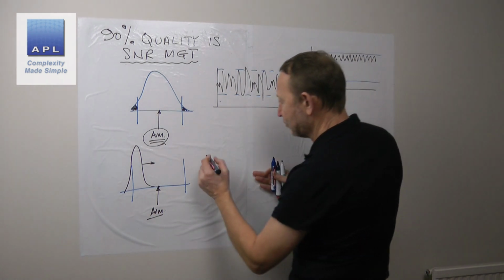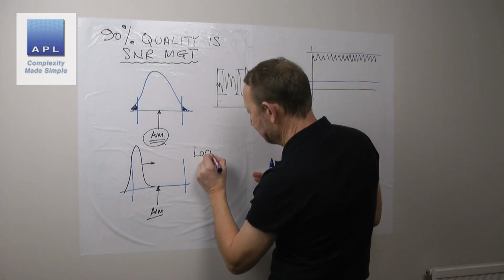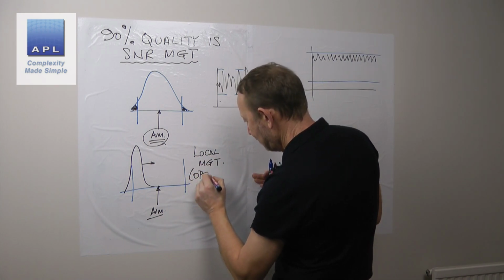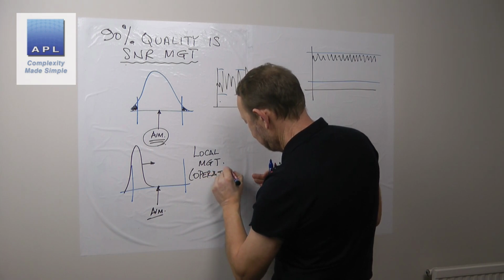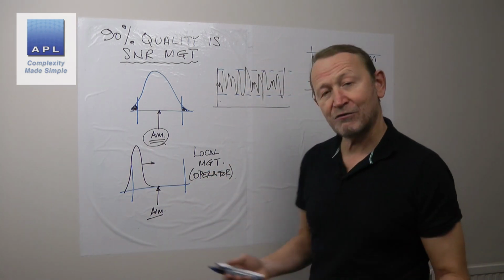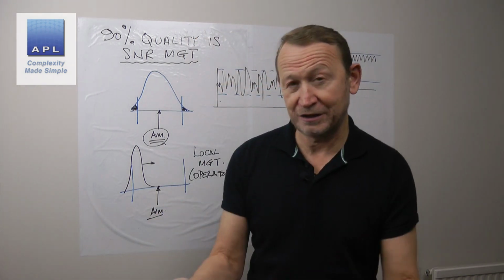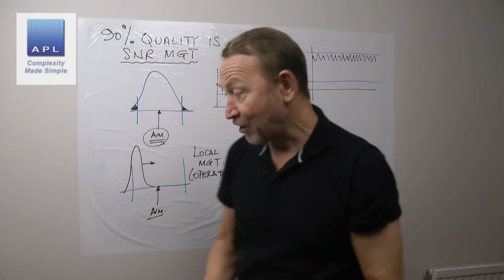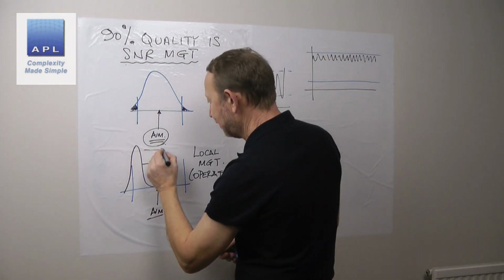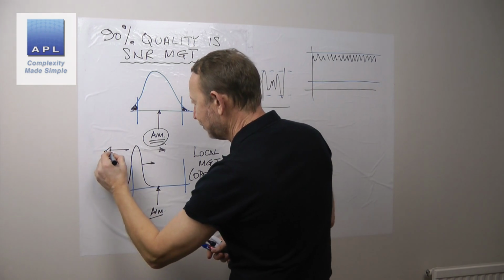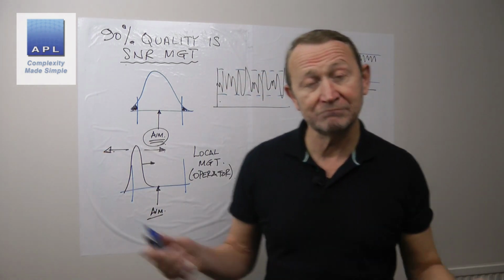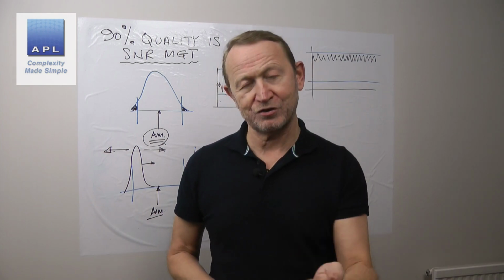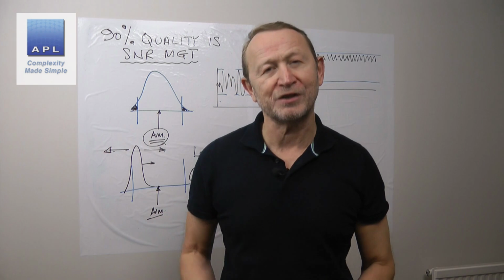This is the responsibility of local management. We could call that the operator. Think about it. There's only one thing an operator can do, or indeed a technician. They have a dial in their hand. They can twizzle the dial backwards and forwards. All they can do is make the result swing left or right. That's all they're capable of. Their process is as simple as can be.